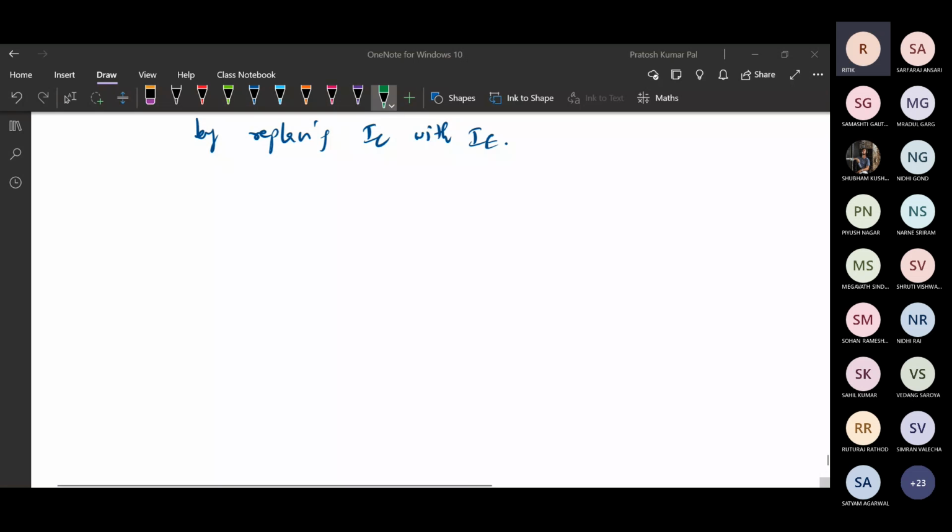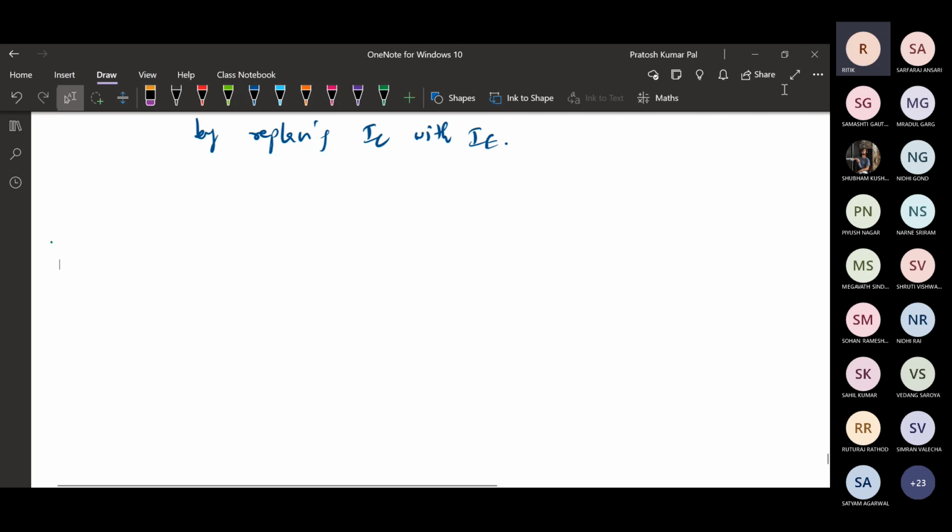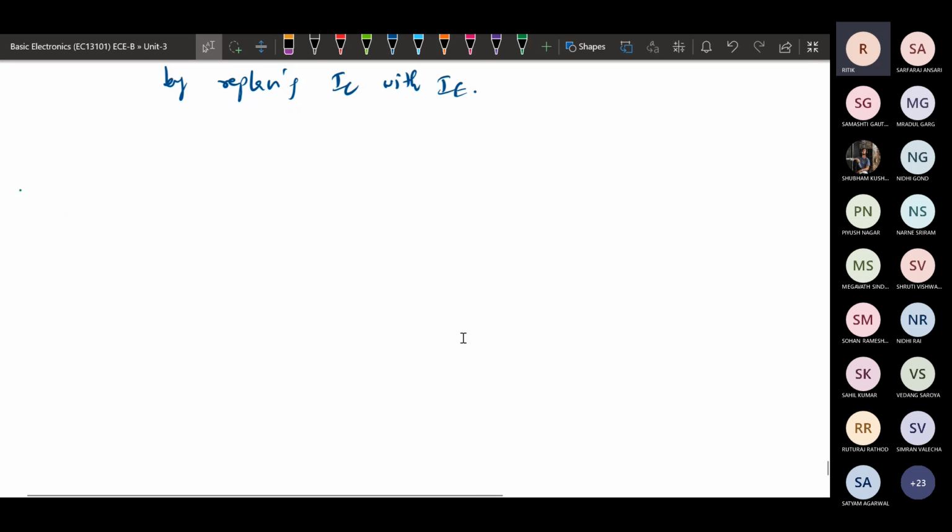So we can summarize this concept, as there are different properties, in terms of how we operate the common base, common collector, and common emitter configurations. All these configurations will be helpful for designing an amplifier. So by using a BJT, we will be designing an amplifier.